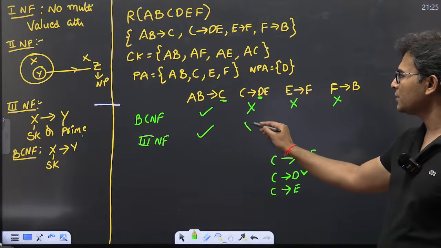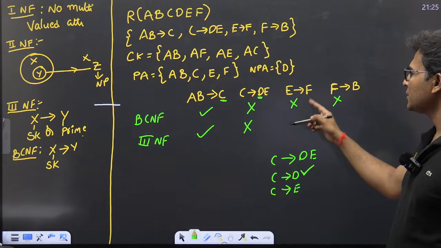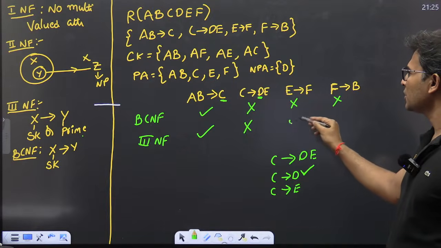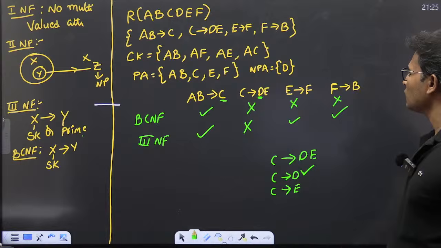Therefore, this is not in third normal form. Now, what about the others? The right side is a prime attribute, so they are fine for third normal form. Only this one is missing.